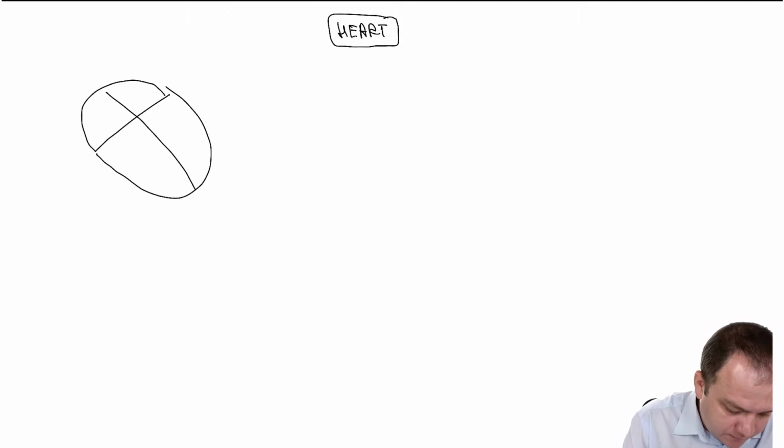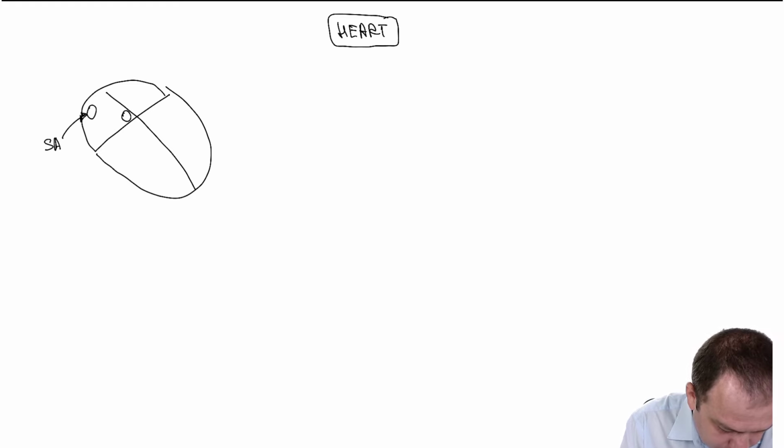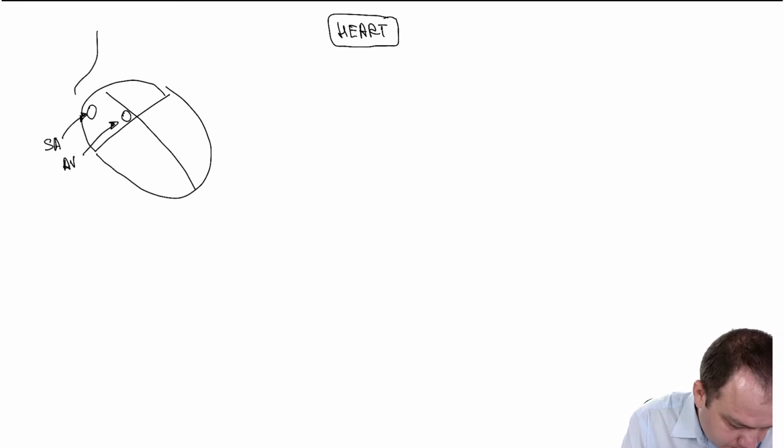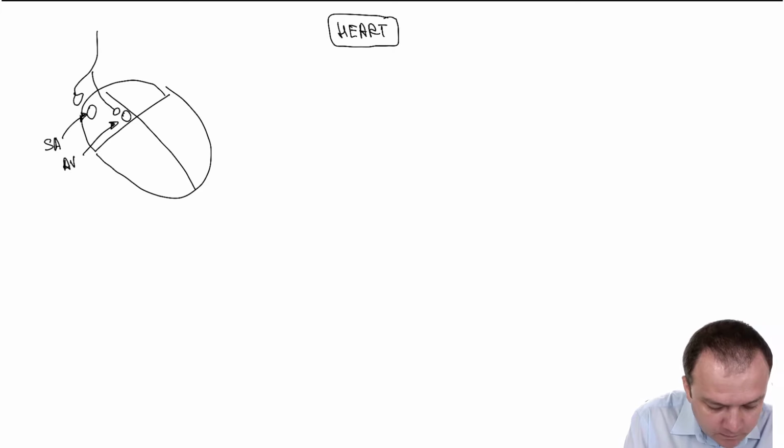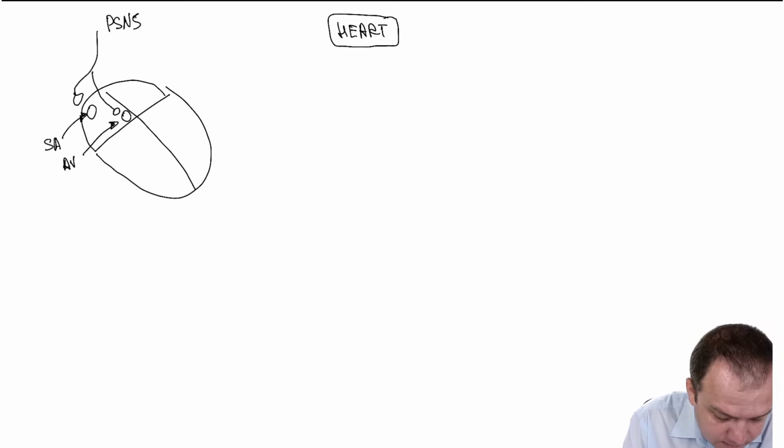Inside the heart we have the sinoatrial node, like a conductive system, and the AV node. Sinoatrial node and AV node, they are under parasympathetic nervous system control with the nervus vagus.